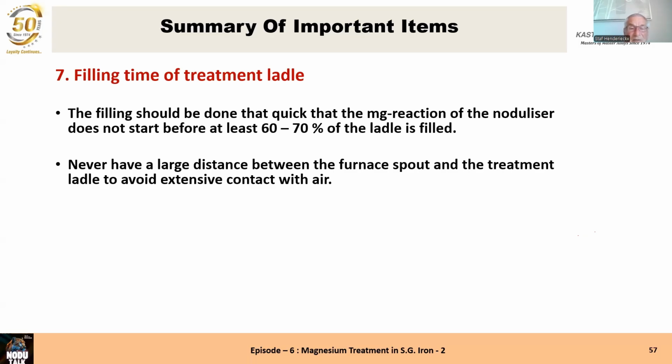The second thing is never have a large distance between the furnace spout and the treatment ladle, because then there is a long and extensive contact between the metal you pour in and the air, and so more air will come in. So quick filling, having the ladle very close to the spout of the furnace.